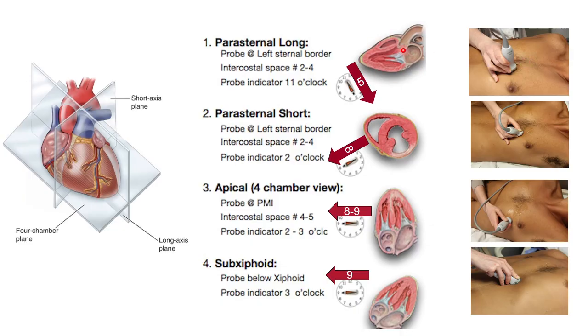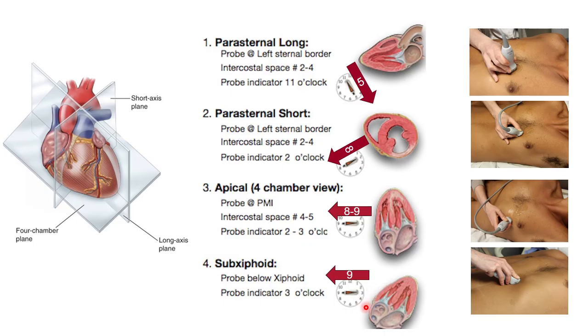Once we get this view, turn to the right 90 degrees, get the parasternal short, come over for the apical four-chamber, and then the subxiphoid. You don't need to get all four views. A lot of times just the parasternal long is all you need, and then the subxiphoid.